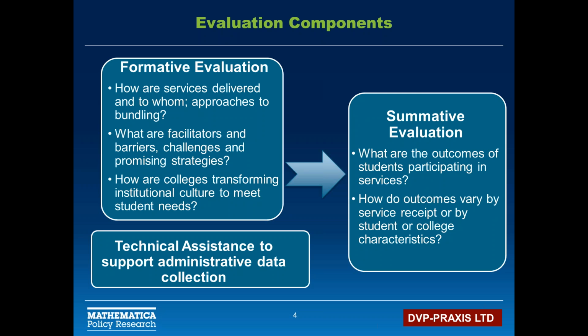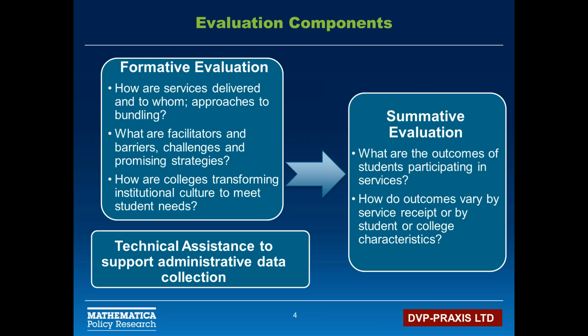So I'm going to start just briefly by talking about the key evaluation components and how they fit together, and then I'll turn it over to some of my colleagues who will talk a little bit more in depth about the different types of data that we'll be collecting to inform these different pieces. So there are three primary components to our evaluation that will together enable us to answer a series of research questions.